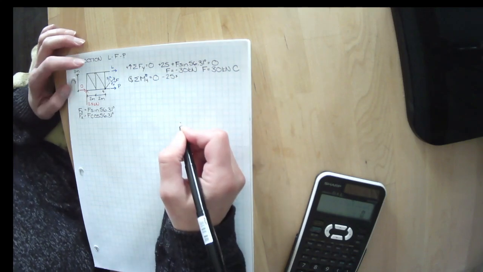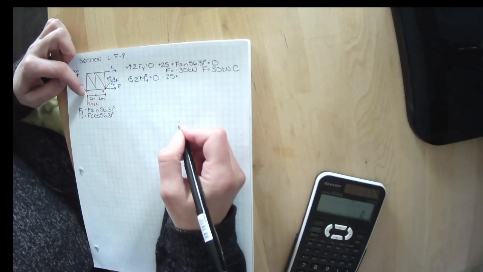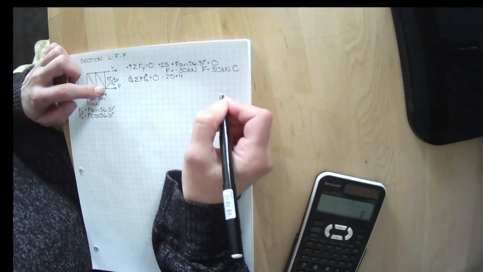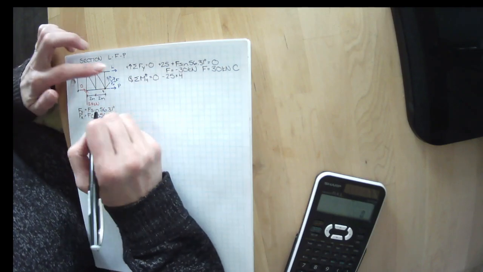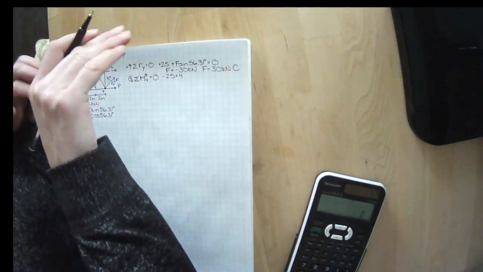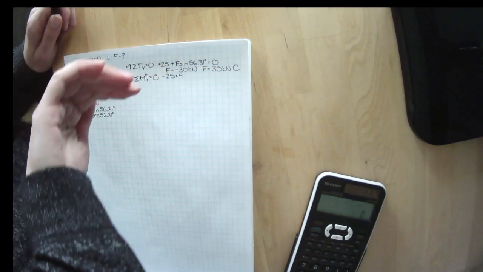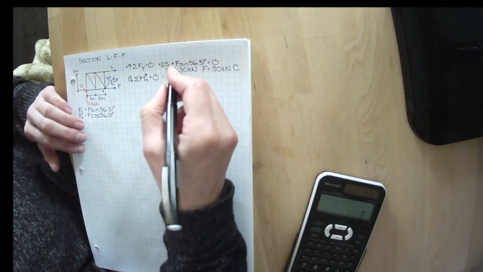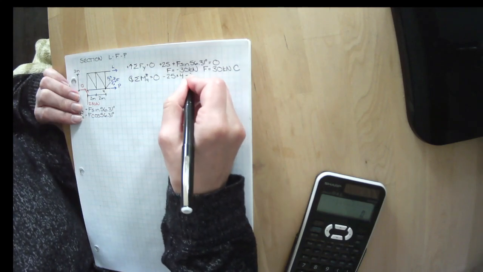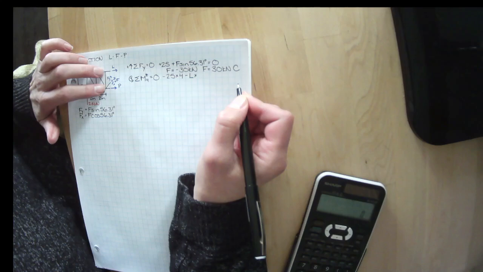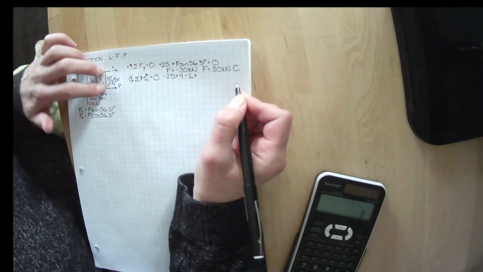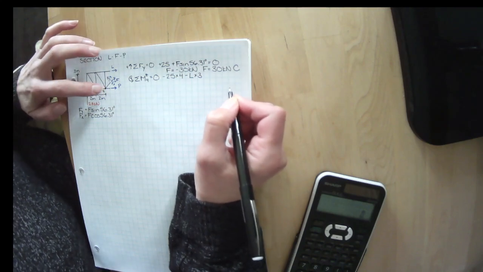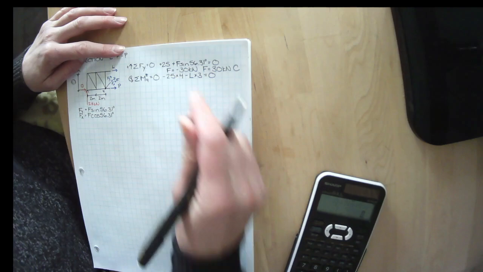And to be a moment, you need force times distance. We are 4 meters away. P passes through it, F passes through it. L is trying to make it spin in that direction, so I curl my fingers in the direction it's trying to make it spin, point my thumb down. It is also negative, so minus L times, and L is 3 meters away. And those are the only things trying to make it spin about that point.